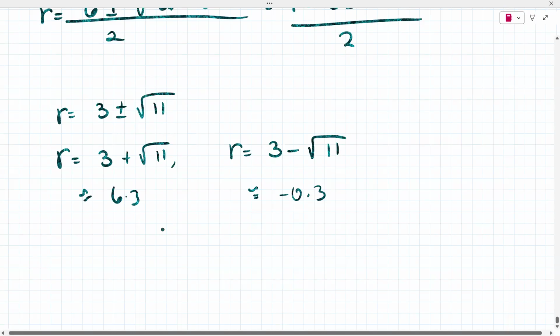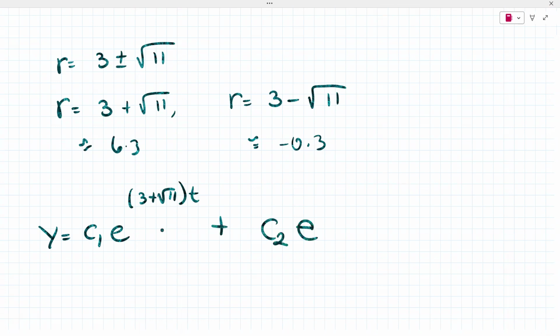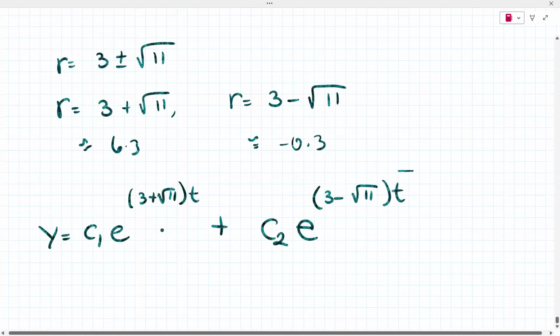Okay, and we do not have initial conditions, so we do not have to find our C. So your final solution is going to be C1 e to the 3 plus square root of 11 t, plus C2 e to the 3 minus square root of 11 t. And this is your final answer.